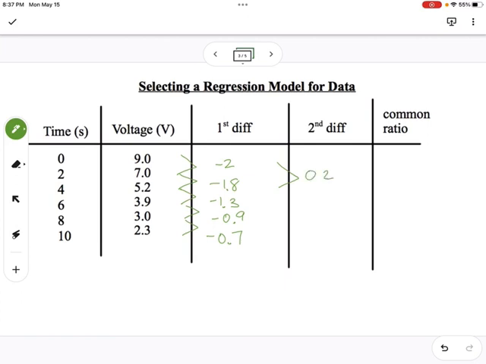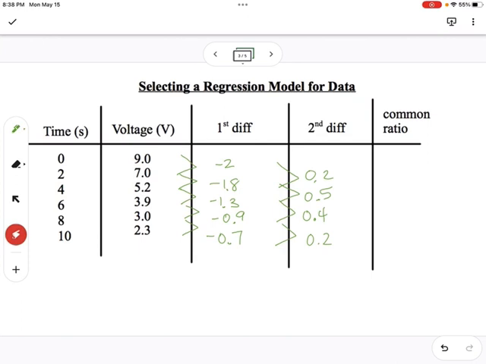This is 0.2. -1.3 minus -1.8, 0.5. -0.9 minus -1.3. This is 0.4. And -0.7 minus -0.9. This is 0.2.